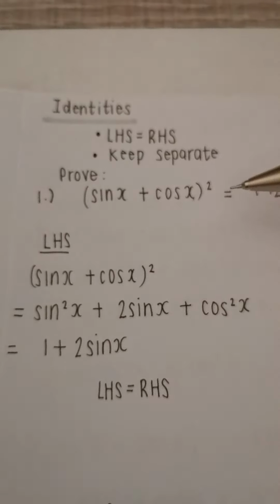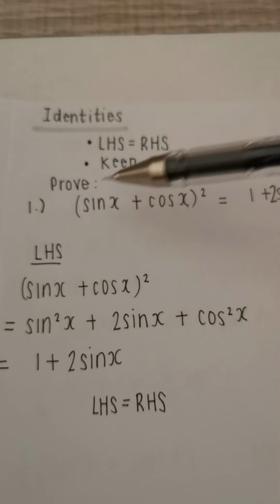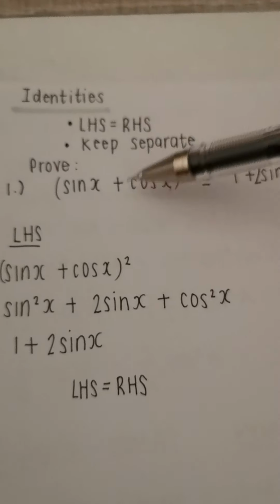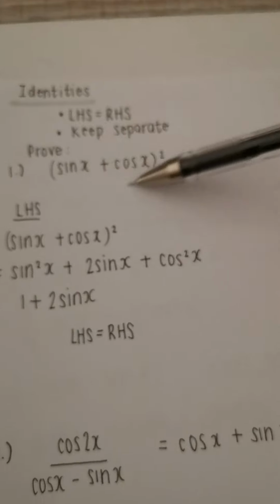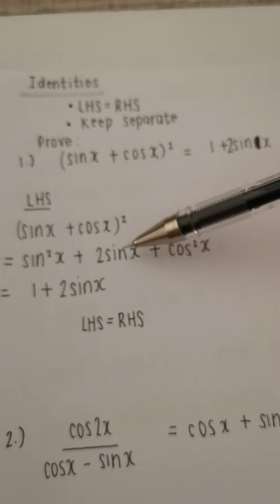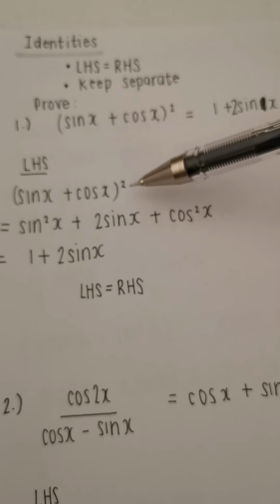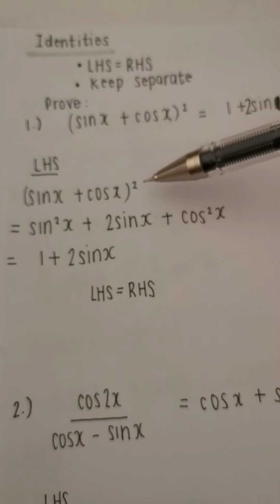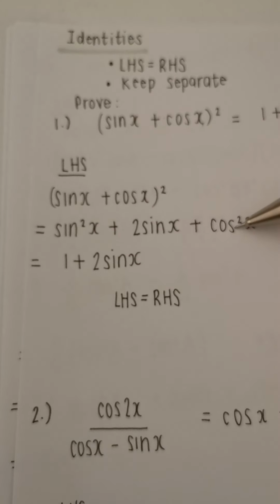The first one that we have, we need to prove this and this. The sine x plus cos x squared equals to the side over here. Right, I see the side is more complicated, so I'm going to bring it here. I see it's a bracket squared, which means that I can apply grade 8 and 9 knowledge of FOIL. This here gives me sine squared, this here gives me cos squared.